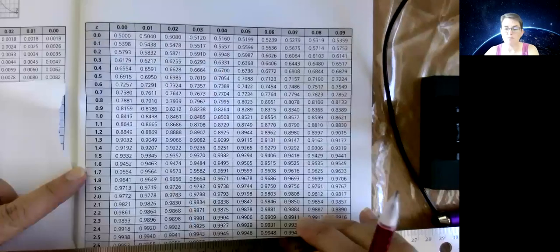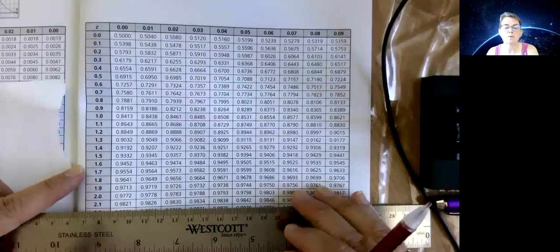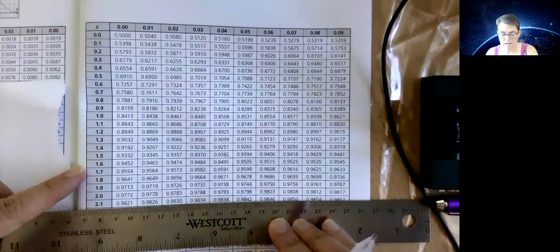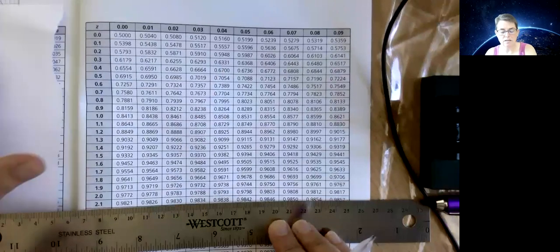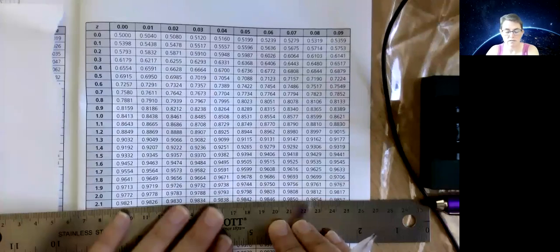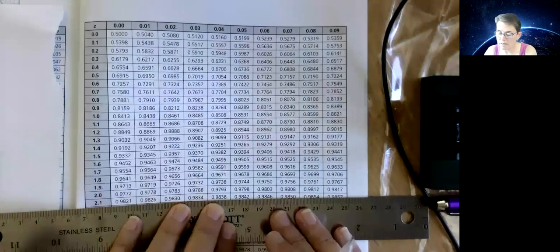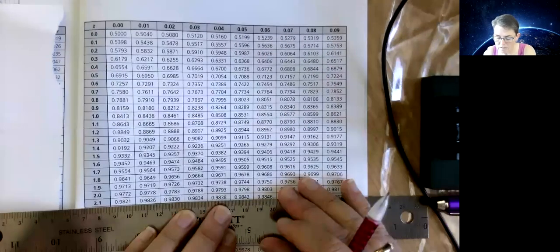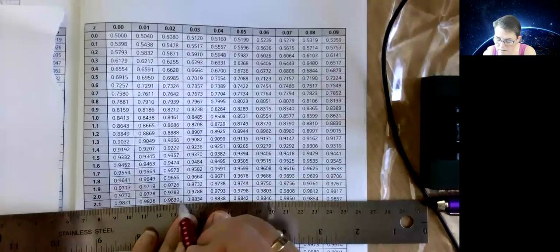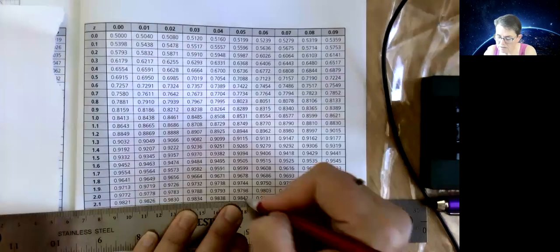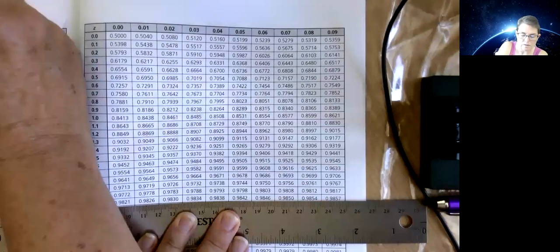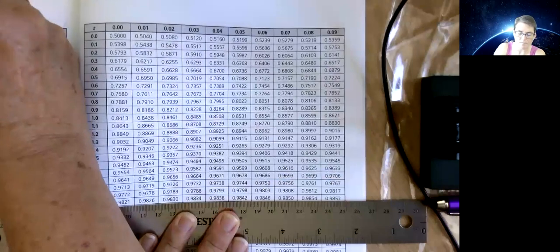So I'm going to go down here to the bottom, 2.1, and then I need to read across. Oh, you can't see me doing that. 2.1, and then I read across with 5. So 2.1, and there's a 5, so 98.42. Cool.